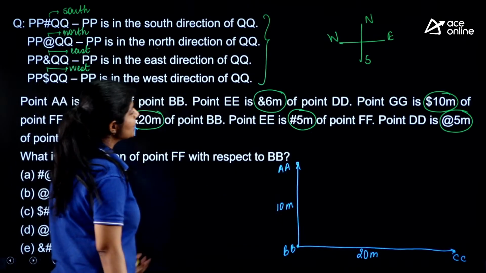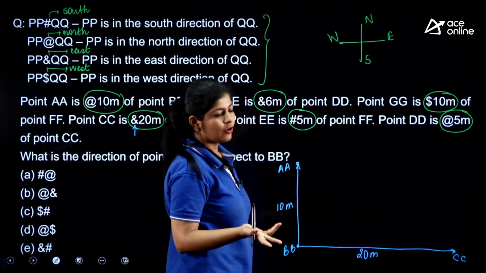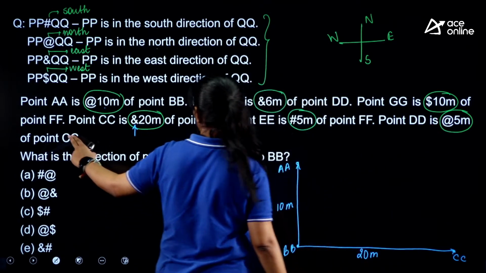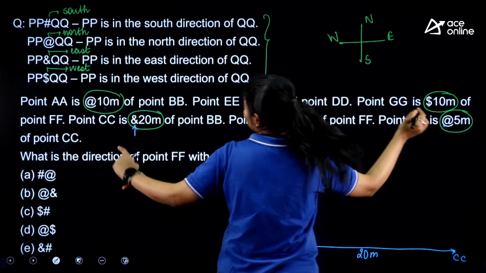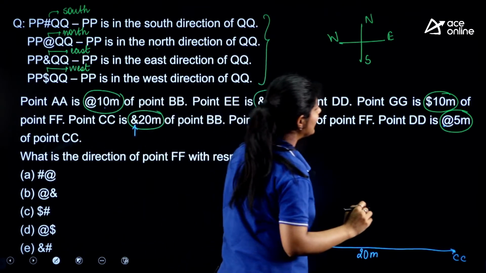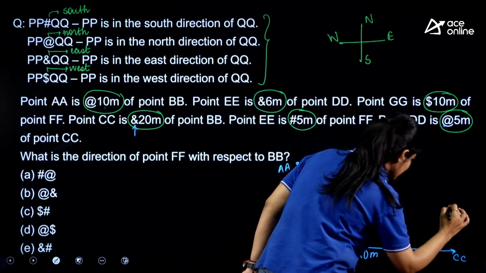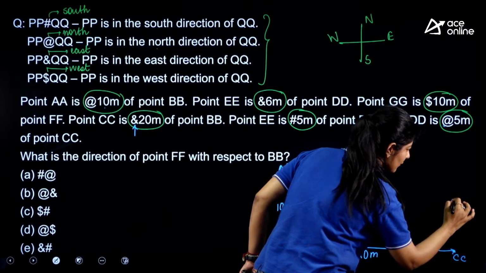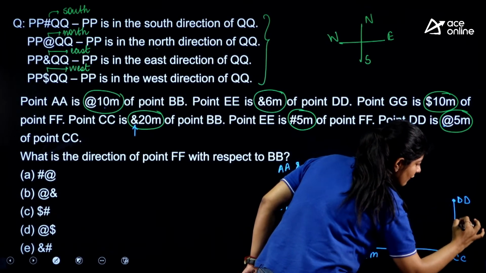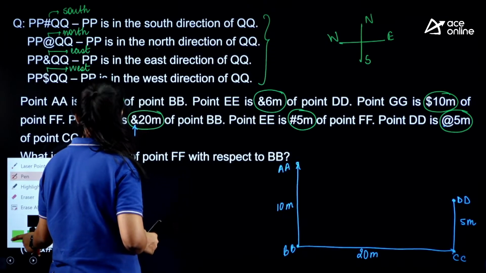Now the next point is saying that point E is # 5 meter of point F, but we are not having point F. Point D is @ 5 meter of point C. Now this @ means north. That means point D is 5 meter north of point C. North is in the upwards direction, so let's suppose this is my point D at a distance of 5 meters, right?